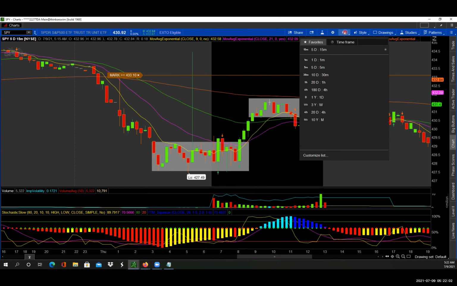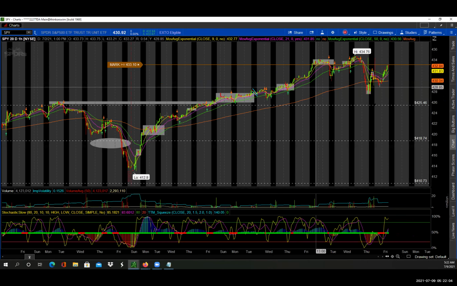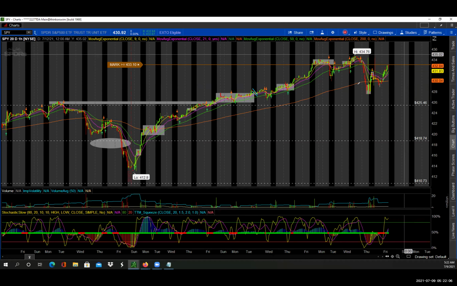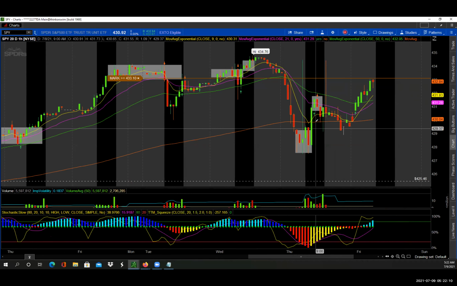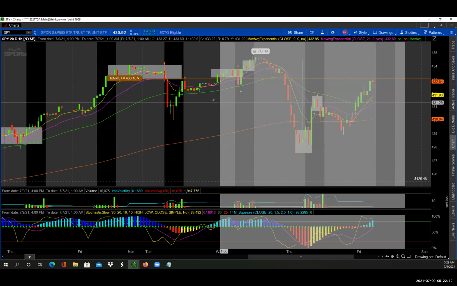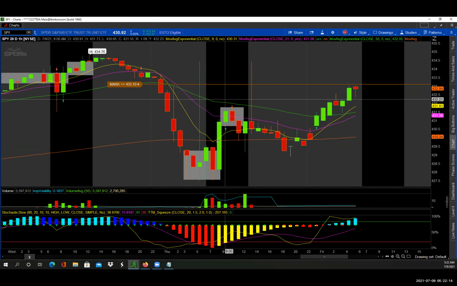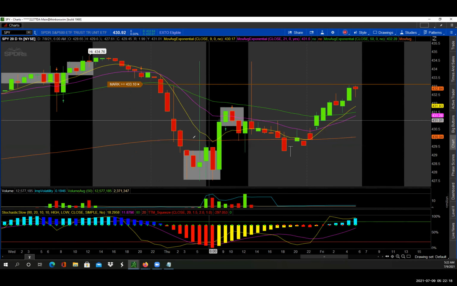Now let's look at a bigger picture here. So your EMAs act as support and resistance. And do you see the difference of trend once we move to a bigger time frame?